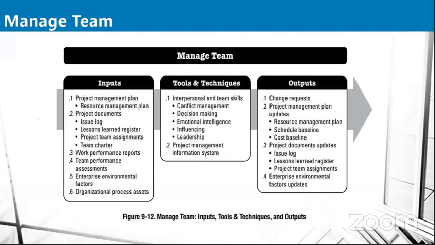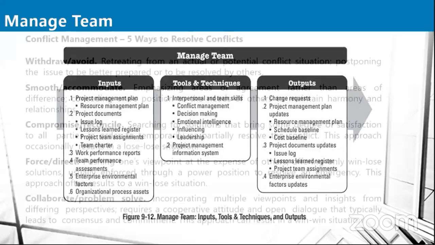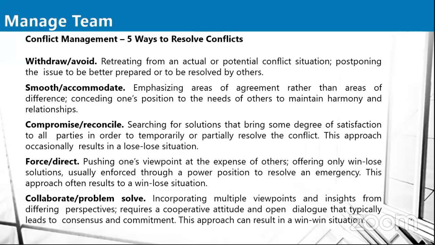Managing teams, of course, we have the inputs, tools and techniques, and outputs, your management plan, and so on. We have talked about most of these topics. Now, the 5 ways we can resolve conflicts. We can choose any of these ways to resolve those conflicts.